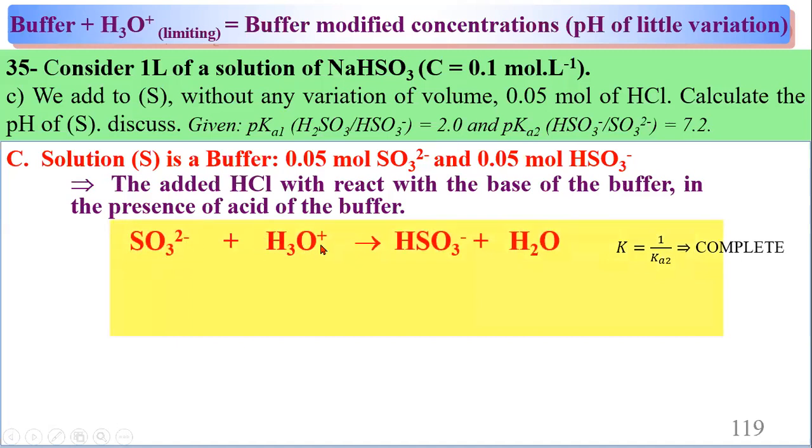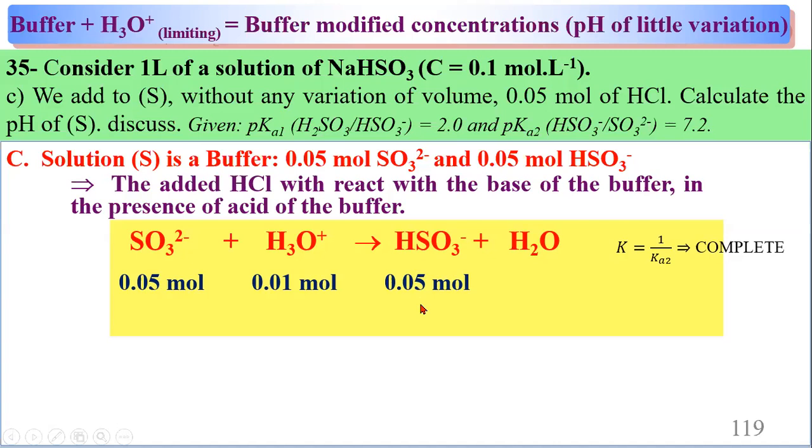We will react H3O+, and we get HSO3- and water. And of course, as long as I have H3O+, the reaction is complete, irrespective of these values. But up here, of course, the K of reaction does turn out to be complete. Let's put the number of moles with our mole chart. SO3 2- initial moles is 0.05.